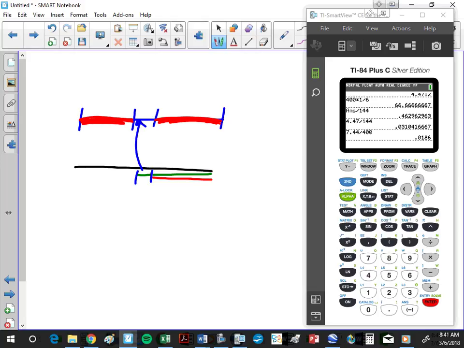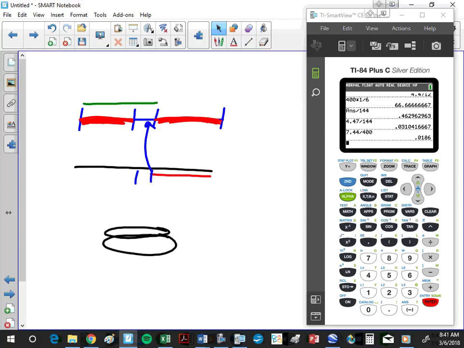Okay. And then this piece right here is equal to this piece right here. How do I know that? Because the green line is actually created there, and the red line is actually just this piece, right?